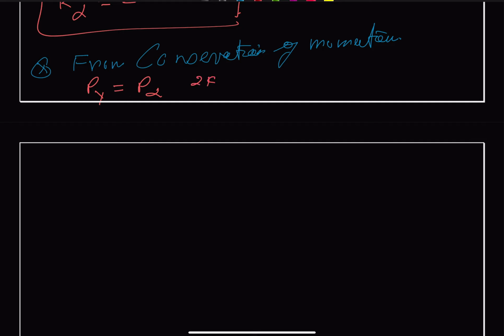So kinetic energy associated with y times mass of y is equal to kinetic energy of alpha times mass of alpha.